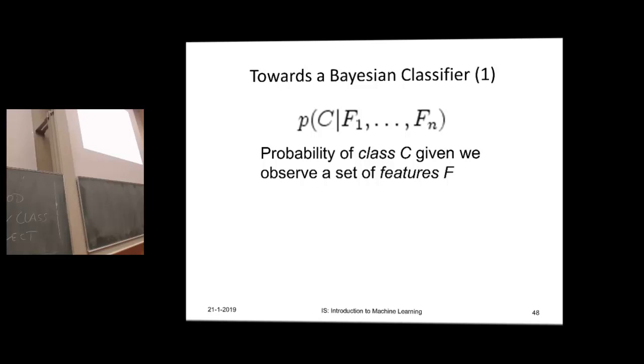So what's the problem with calculating this probability? This is the conditional probability of whether something is spam or not spam, given a number of words, in this case features.